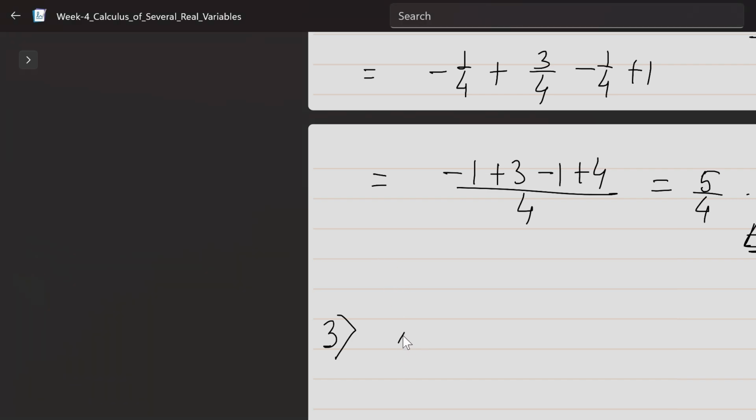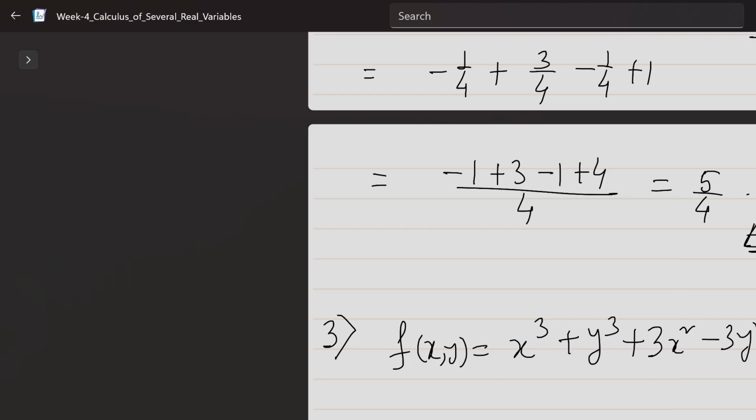It is f of x comma y is x cube plus y cube plus 2x square minus 3y square plus 7.